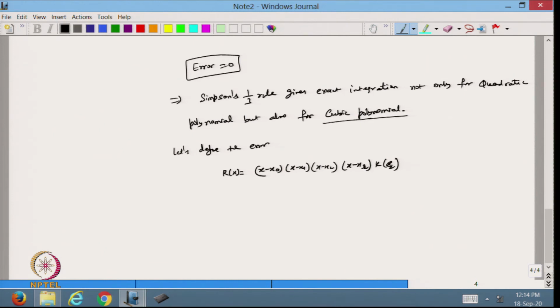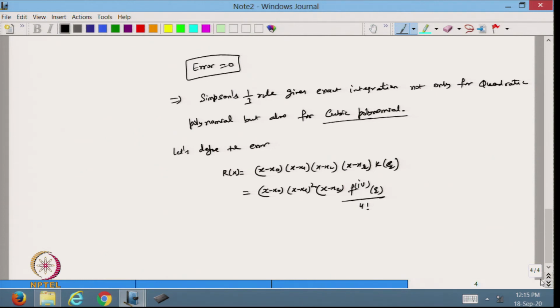In this case we generally take xr at the middle point. So, from here we can choose (x minus x0)(x minus x1) square (x minus x2), and then the fourth derivative divided by 4 factorial. So, that is the remainder term in the case of quadratic polynomial.